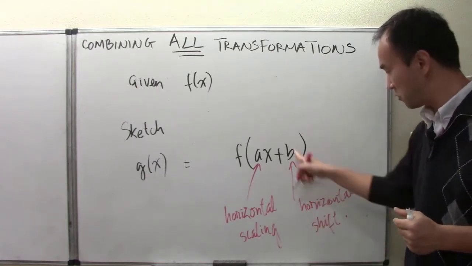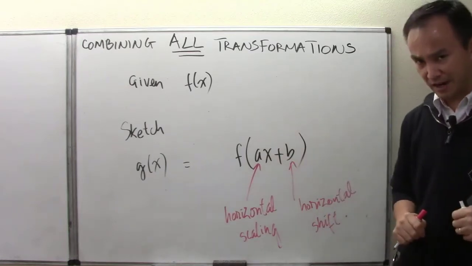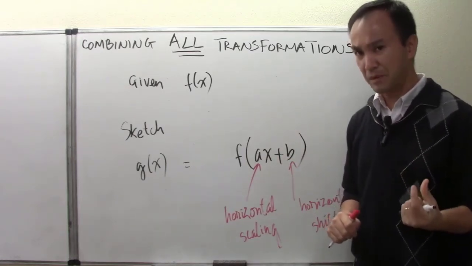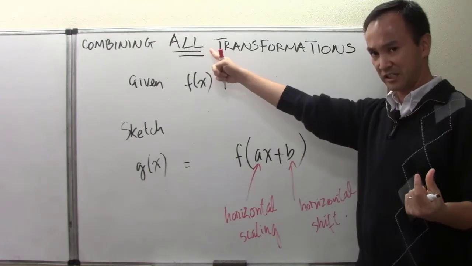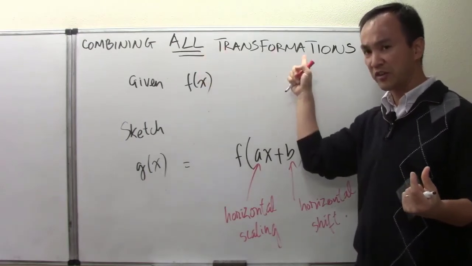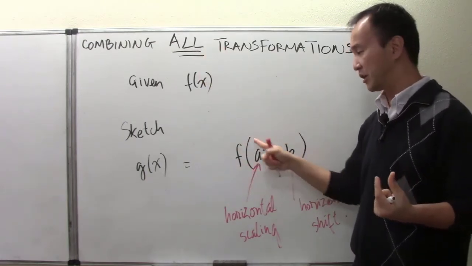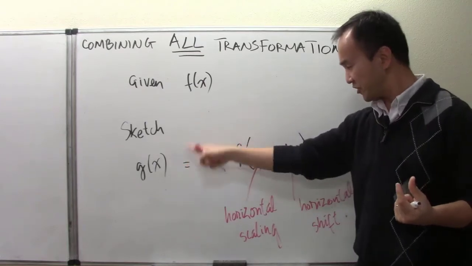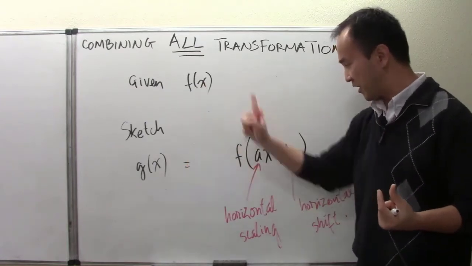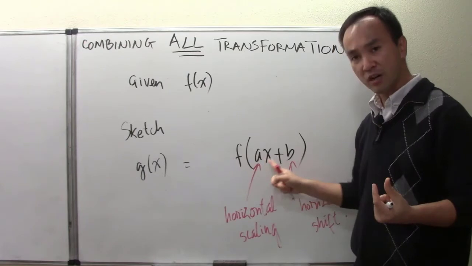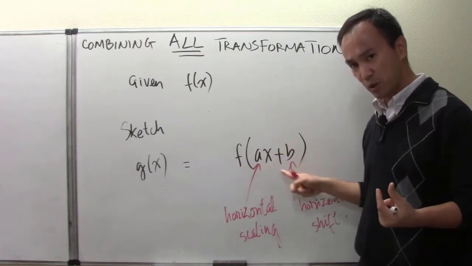So what rings a good bell that it's time to combine all transformations together is anytime you're about to sketch a function g of x where your parent function takes a linear expression as an input.